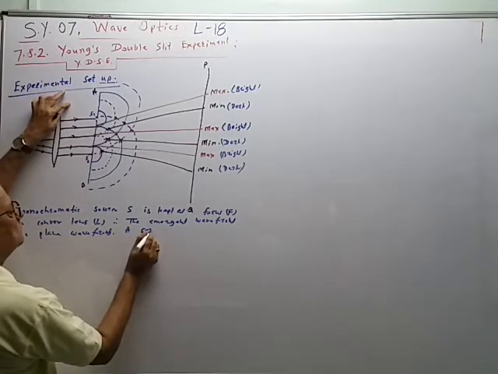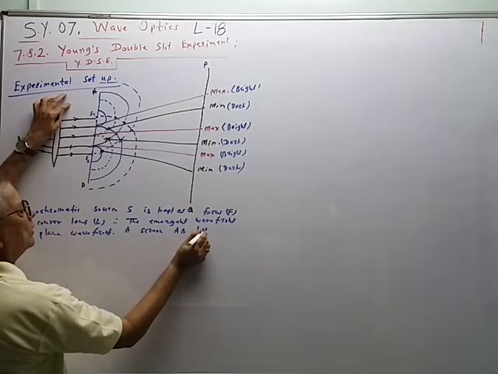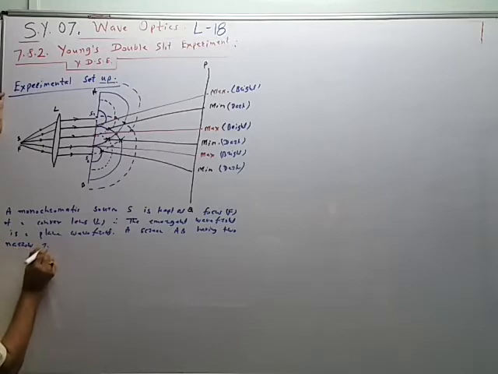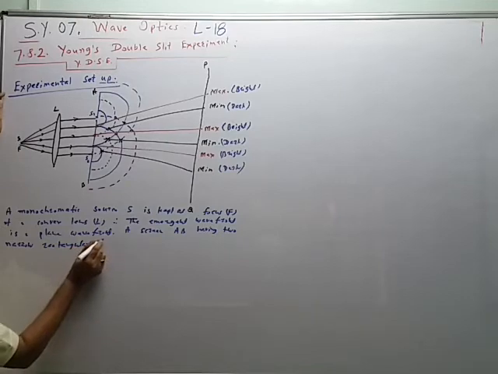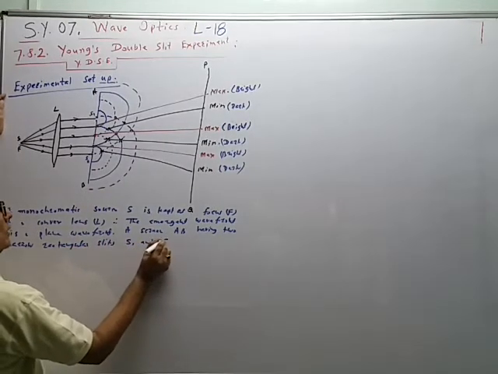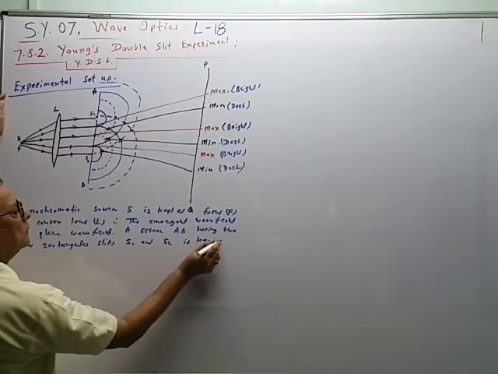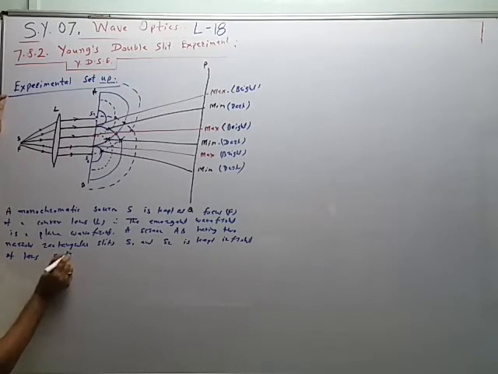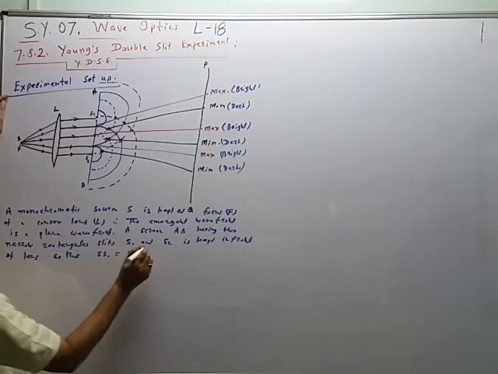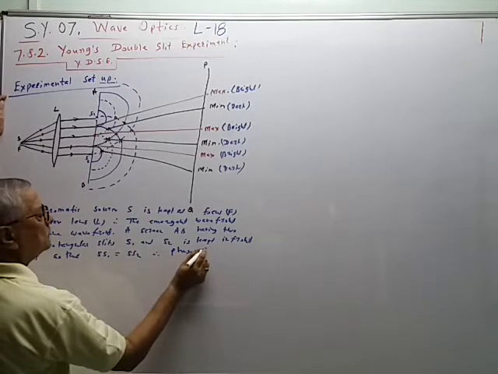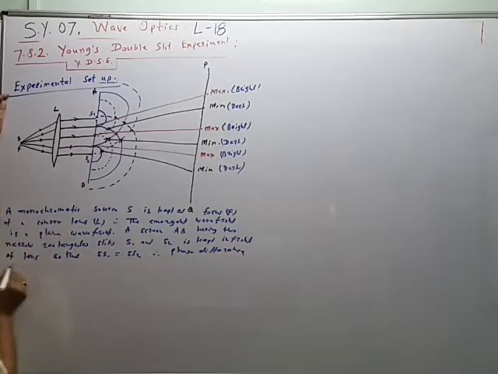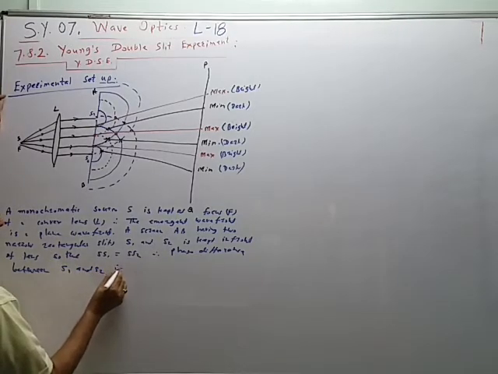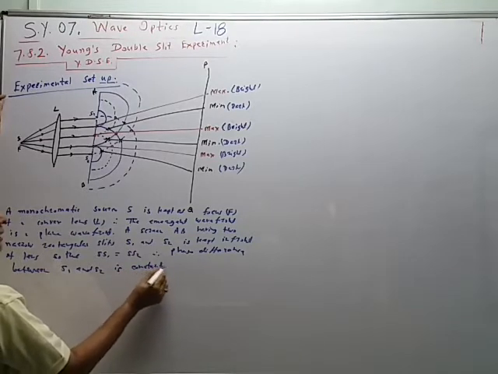A screen AB having two narrow rectangular slits S1 and S2 is kept in front of the lens, so that SS1 is equal to SS2, and therefore the phase difference between S1 and S2 is constant, equal to 0 degree.